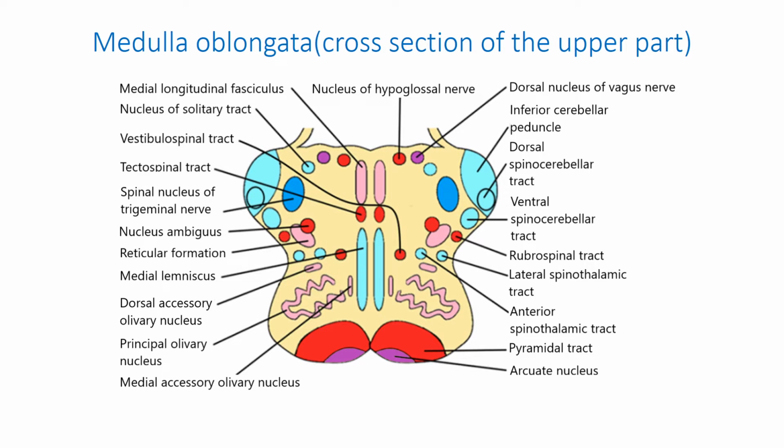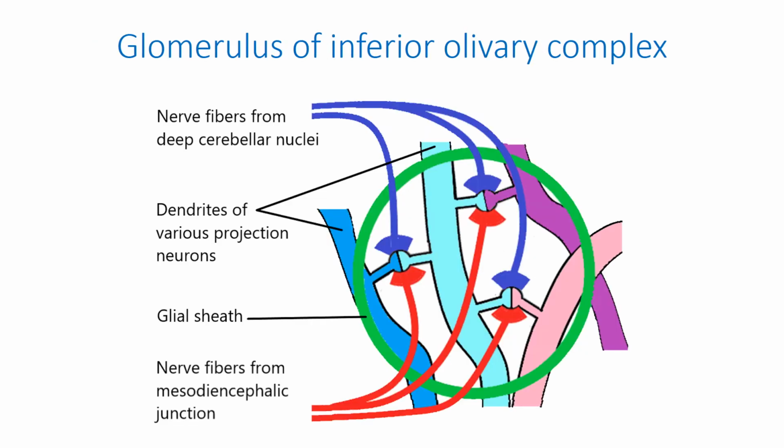The principal olivary nucleus has a laminar structure and in the transverse section has a crumpled bag-like appearance. All olivary nuclei consist mainly of projection neurons that have a prominent arbor of spine-bearing dendrites.